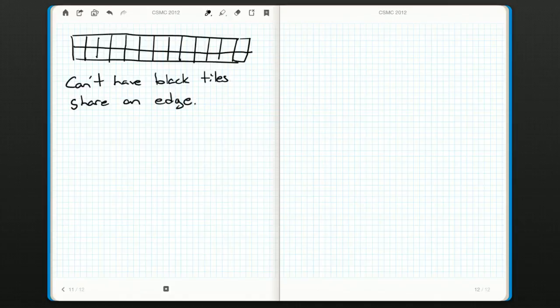So we can't have the black tiles share an edge. So immediately what that tells me is no column, so 2 tiles, looks like black tile, black tile. That's impossible.